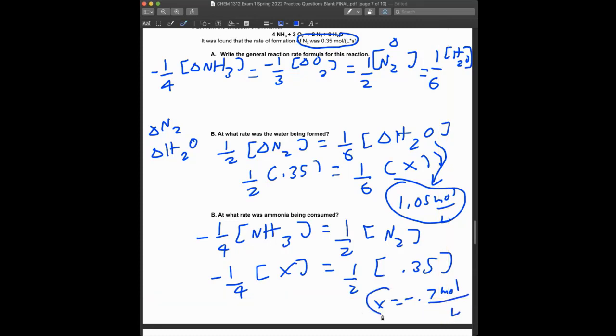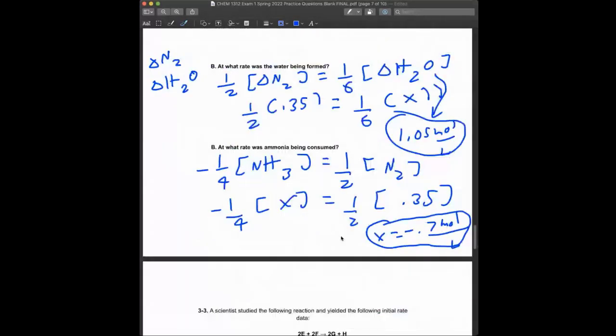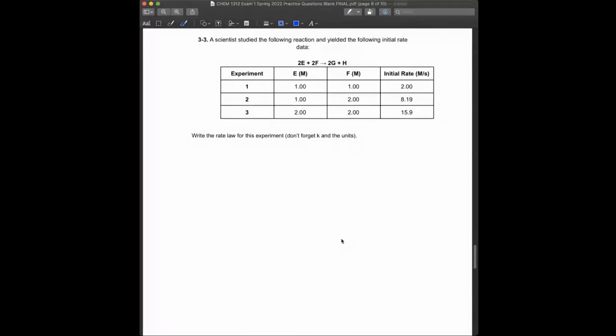Does anyone have any questions? Okay, if not, then we can keep going. Do you leave the negative sign because we already know it's being consumed? That's a really good question. So I would say it depends on what the problem is asking you.